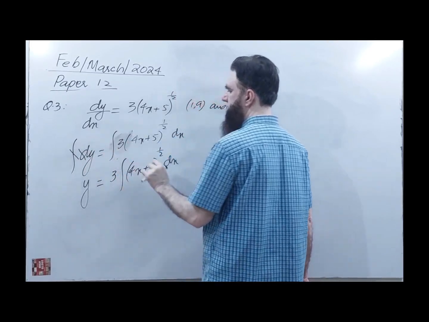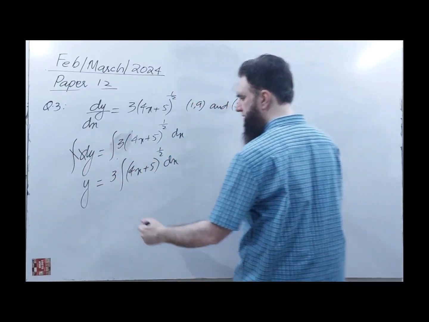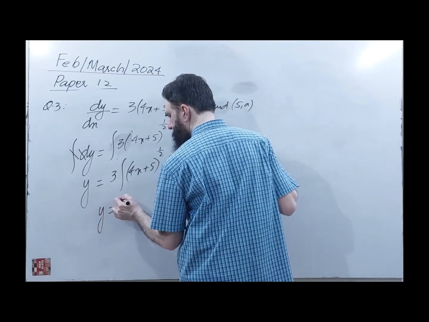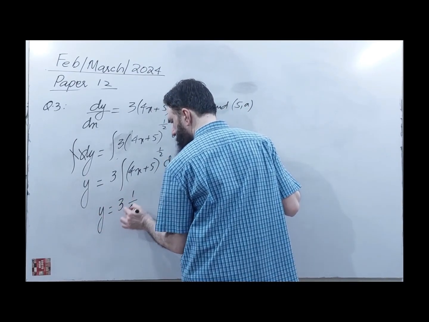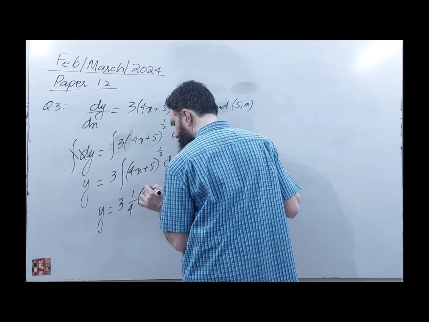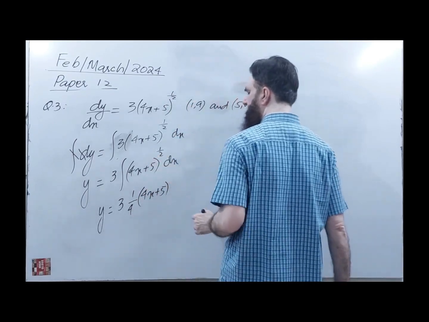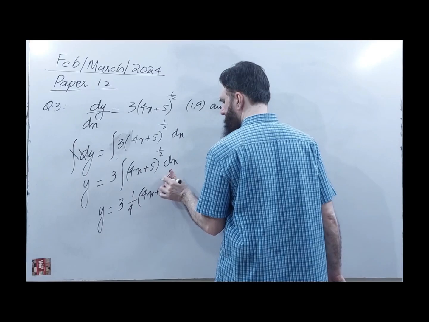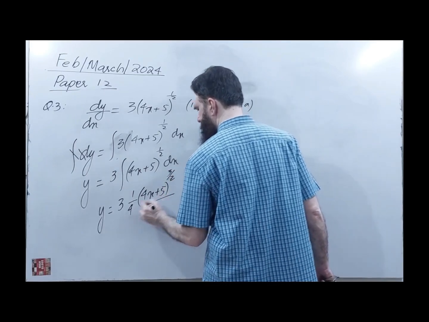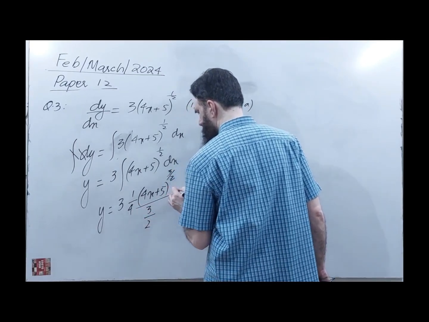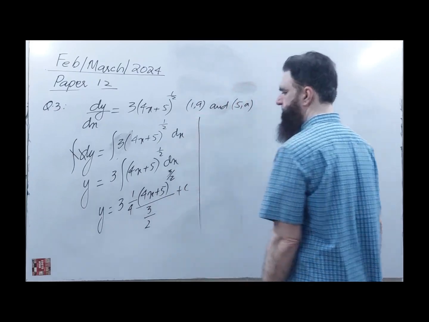You can write directly this thing. Now apply the integration. y is equal to 3 into 1 upon 4, 4x plus 5. You add 1 to the power, half plus 1 is 3 by 2, and you divide by the same. And this constant of integration comes in.